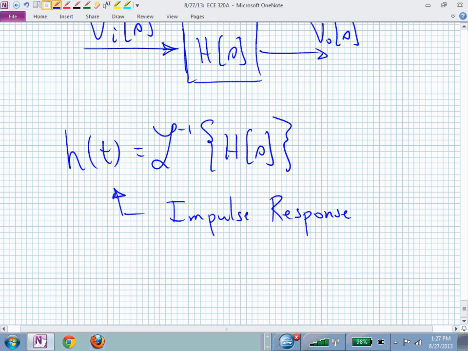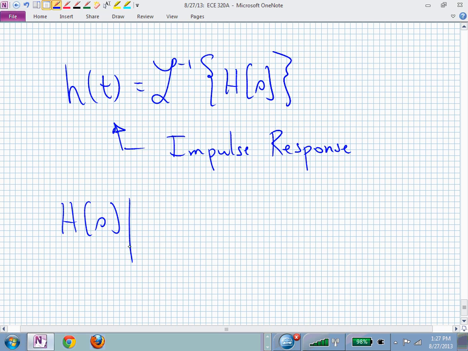Or we could take H of S and evaluate that, or replace this S. S is a complex number, and we'll think of that as this complex S plane with a real part and an imaginary part. And the imaginary part we could think of as living on the imaginary axis, and that's when S is equal to j omega.